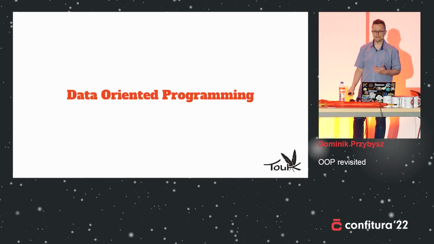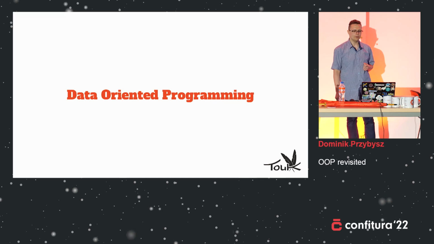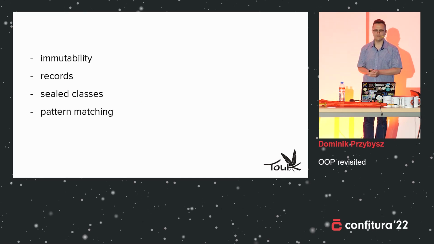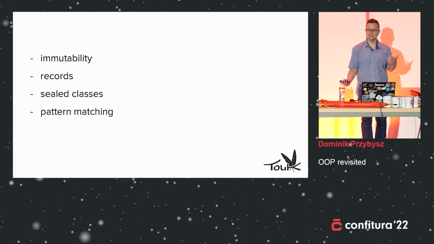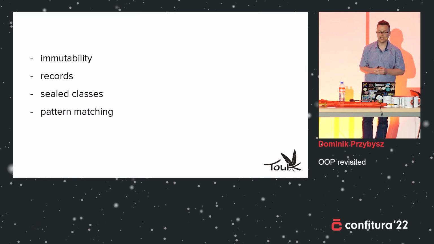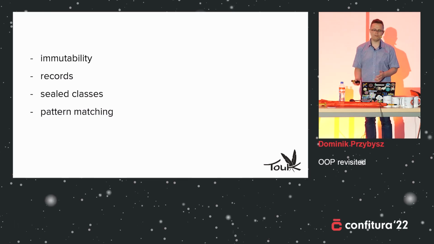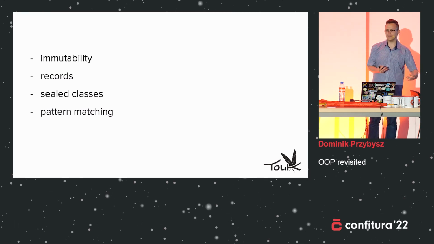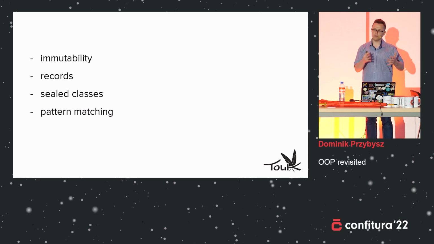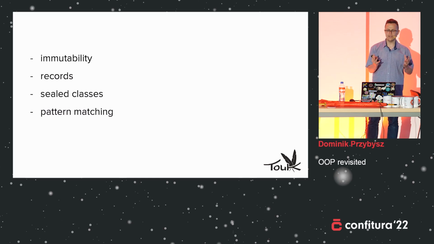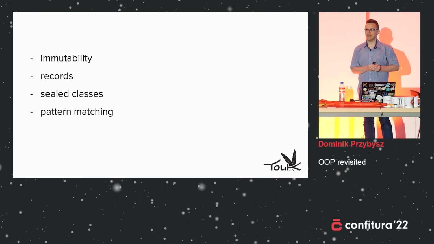And recently I read an article about data-oriented programming in Java, where you take advantage of immutability, especially the records that you have in modern versions of Java, sealed classes, and also the pattern matching that you have from sealed classes. And I think that here, when you have really stable data and a small code base, it's fine to go with that approach.